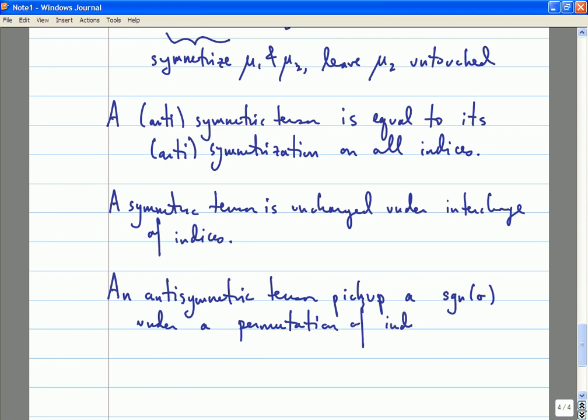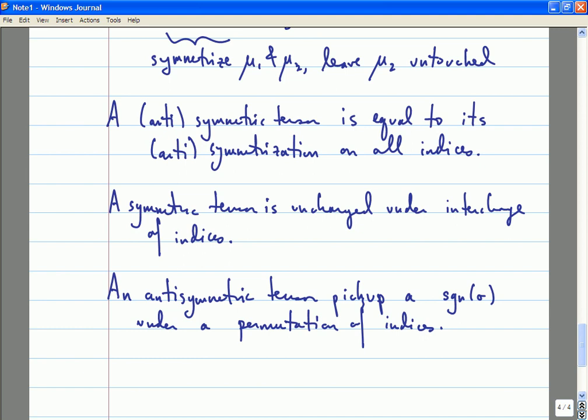In particular, it picks up a minus sign if you flip two of the indices. So that is the generalization of the notion of an antisymmetric matrix.